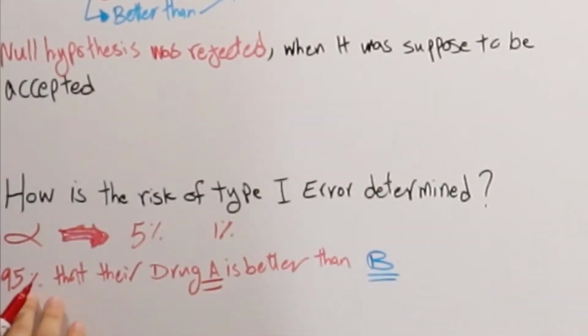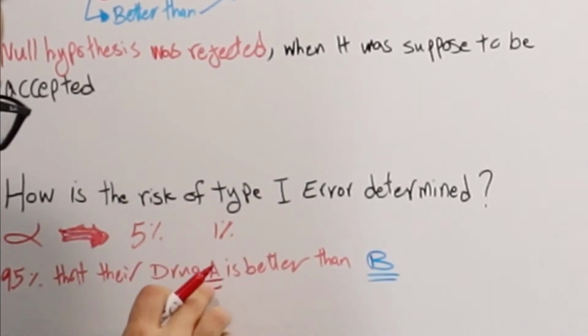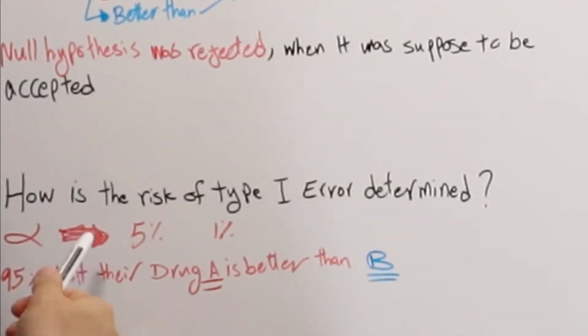They are 95% sure that their conclusion is correct. And that's what alpha indicates here.